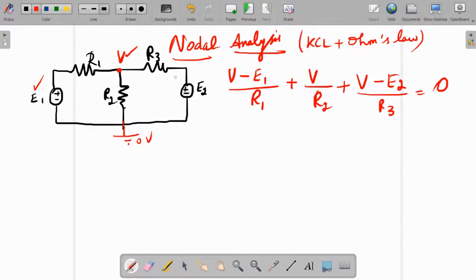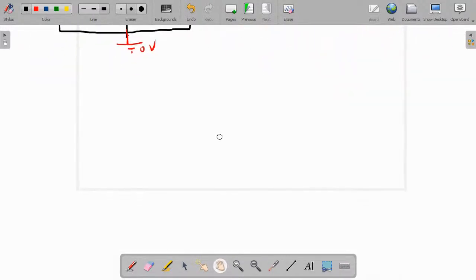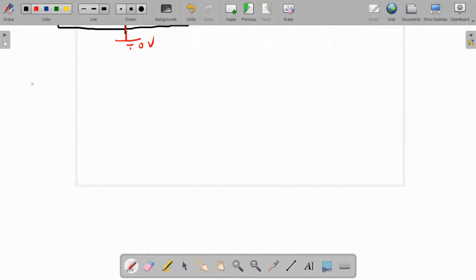If you have a voltage source between two nodes, then that condition is called a super node. Just like super mesh is a special case, we have a special condition called super node.